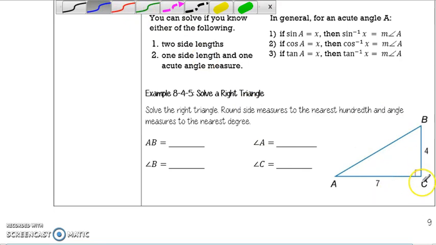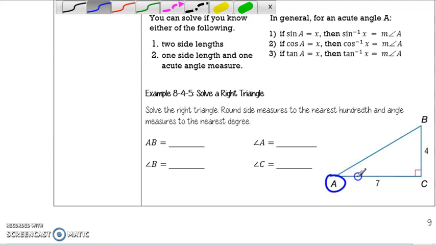Well, we've got two sides of a right triangle. How can we find the third side? Pythagorean theorem. Or you can use a trig ratio to help you, but you're going to need to find one of those angles first.